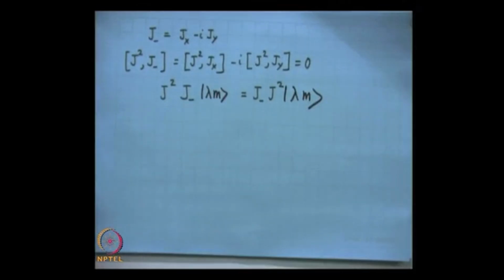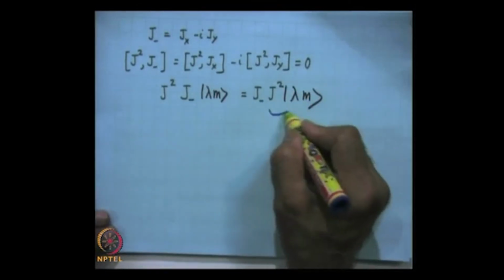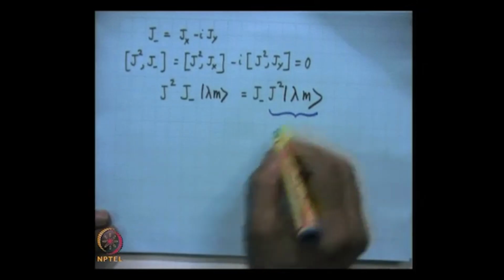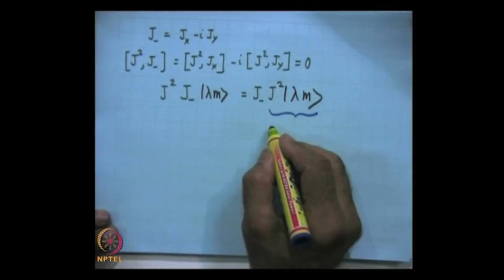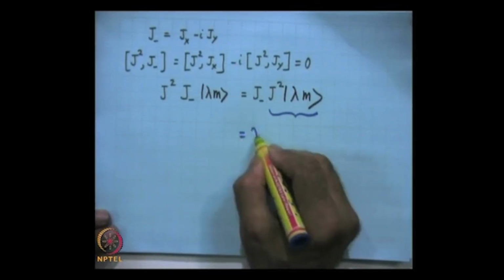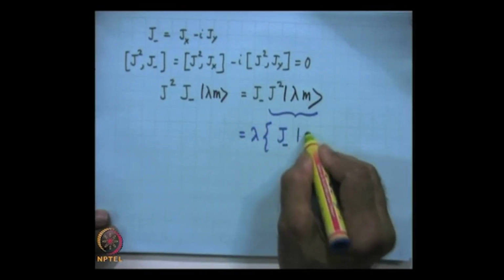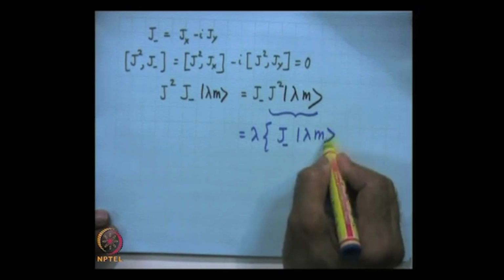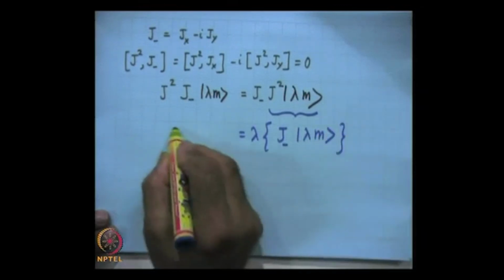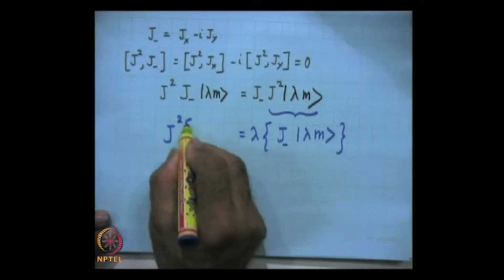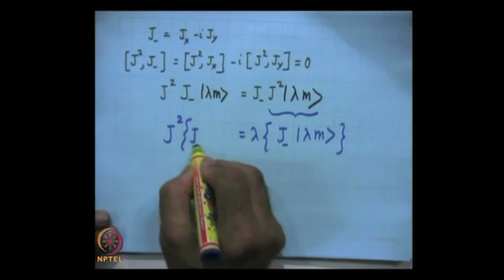So, we have this is equal to lambda. So, this will be lambda j minus ket lambda m. So, you will have J square J minus.